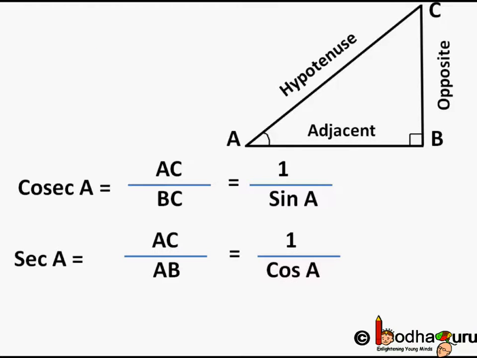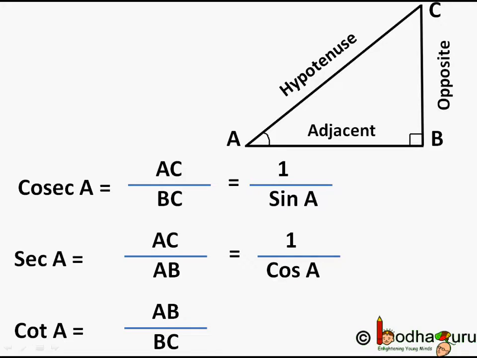Secant of A, or called sec of A. So sec of A is nothing but hypotenuse by adjacent side, which is AC by AB, and that is nothing but reciprocal of cos of A. So sec of A is equal to 1 by cos A, or cos of A is equal to 1 by sec A. And the last one is cotangent, or in short form cot.